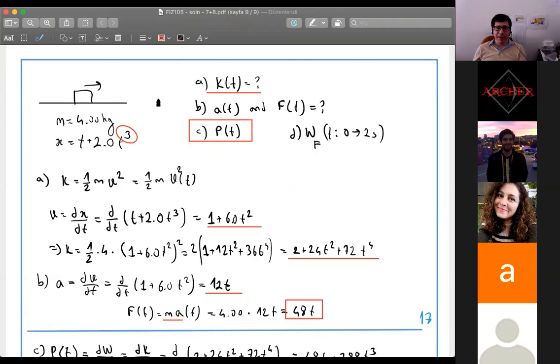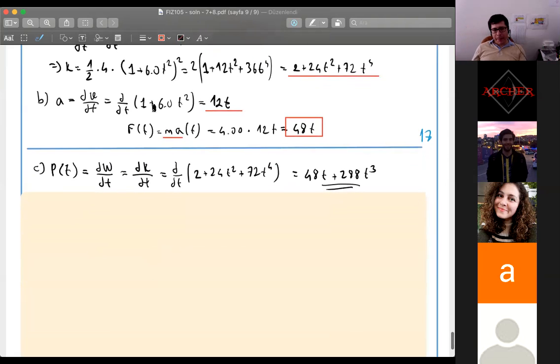There is not even a mention of a force in the question, right, so I don't need it. So, this is dK over dt. We differentiate the kinetic energy with respect to time to find work. Okay, so here it is, 48t plus 288t cubed. That's the power. It's this many joules of energy transferred to this object every second.